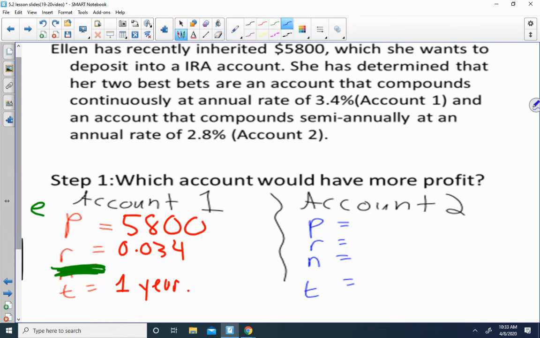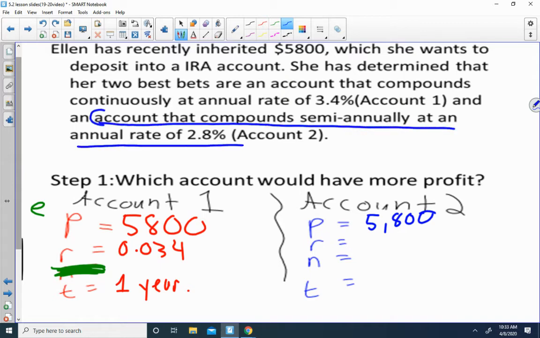So account 2, the principal or starting amount is still $5,800. The rate, let's highlight everything that's account 2. There we go. The rate for account 2 is 2.8%, which again, you move the decimal over 2 places, giving you 0.028 for your rate.